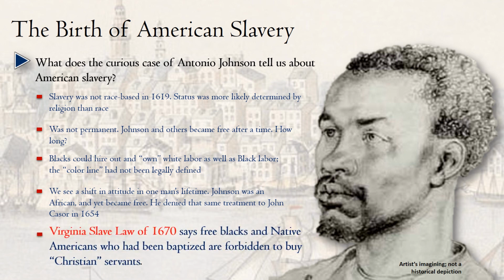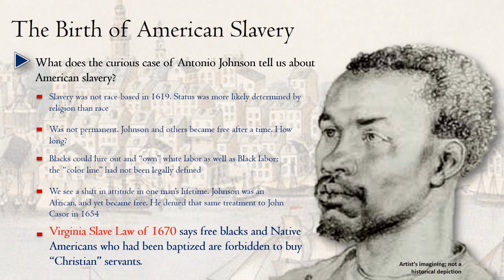A Virginia slave law in 1670 says that free blacks and Native Americans who had been baptized are forbidden to buy Christian servants. The presence of this law tells us that before 1670, it had been happening. You don't pass laws to stop things that aren't happening. You pass laws to stop things that are happening. Otherwise, there don't need to be laws.